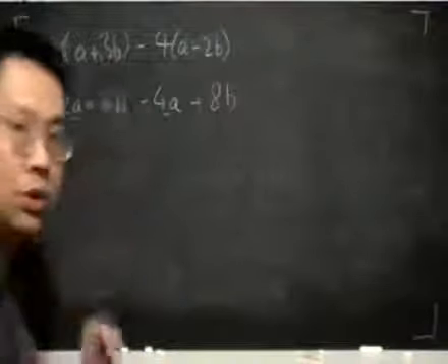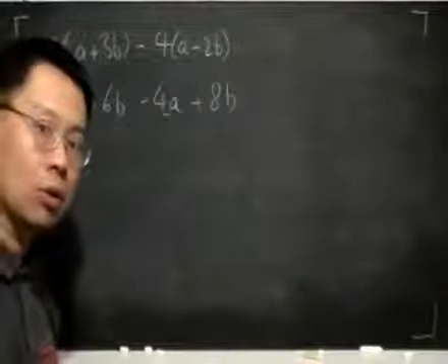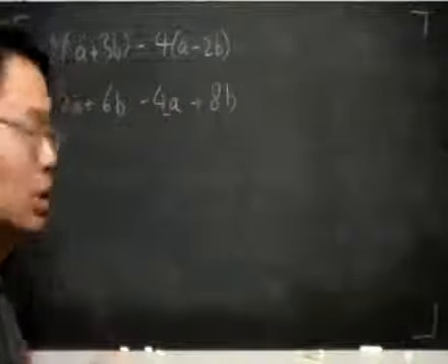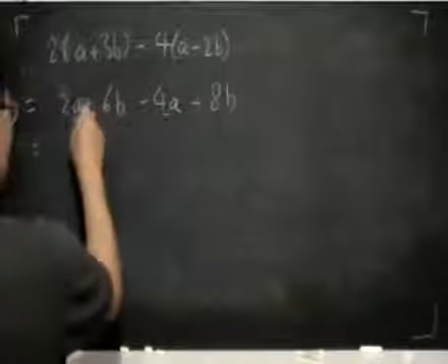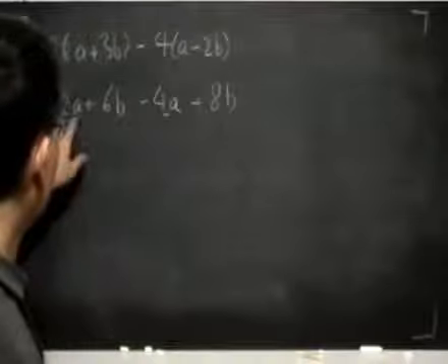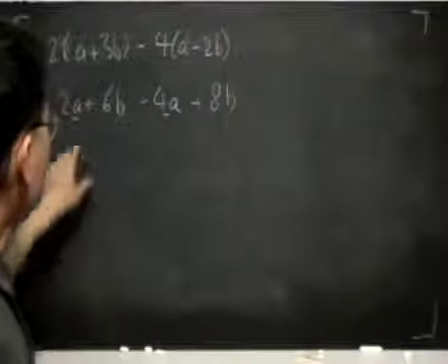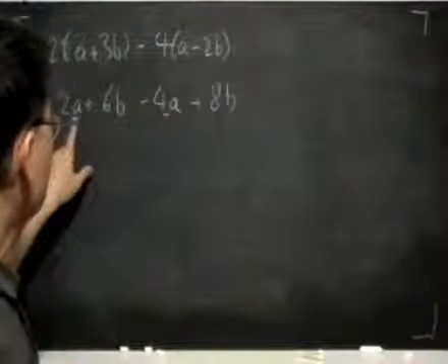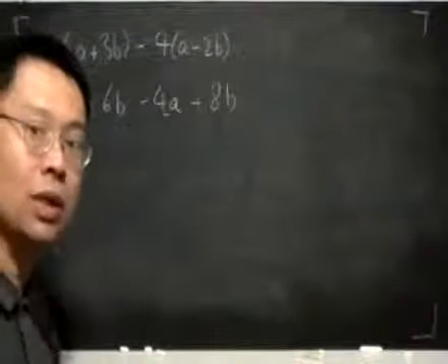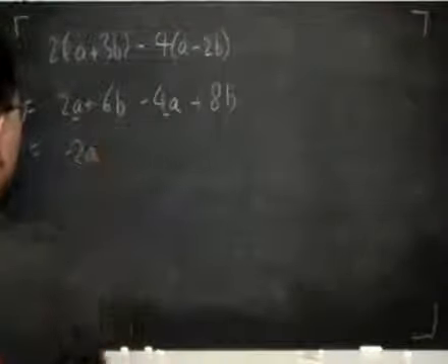Now we can rearrange them and group the like terms together. Or once you're used to it, you can just pick out the like terms directly. What I often like to do is to put a little tick or a little line below the like terms, like for 2a and minus 4a, I know that these are the right terms. So all I need is to look at these two terms and add them or subtract them directly. In this case I have 2a minus 4a, so that's 2 minus 4, which is minus 2, minus 2a.